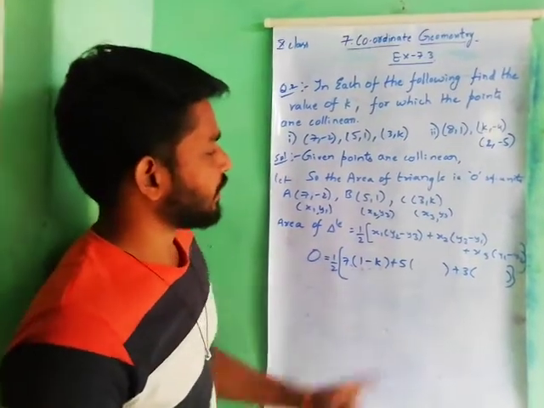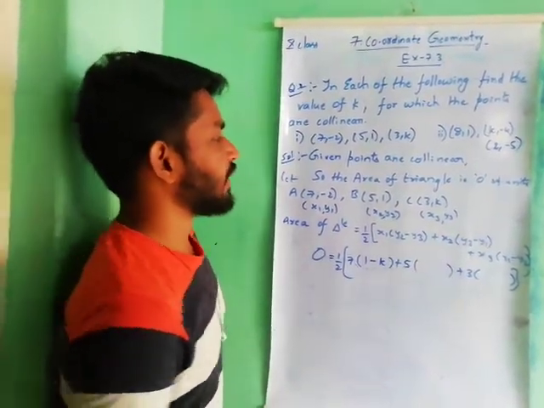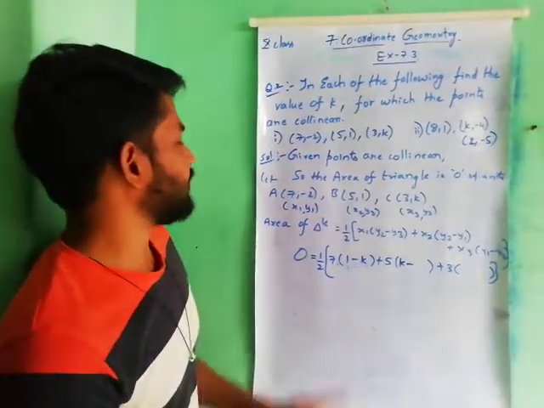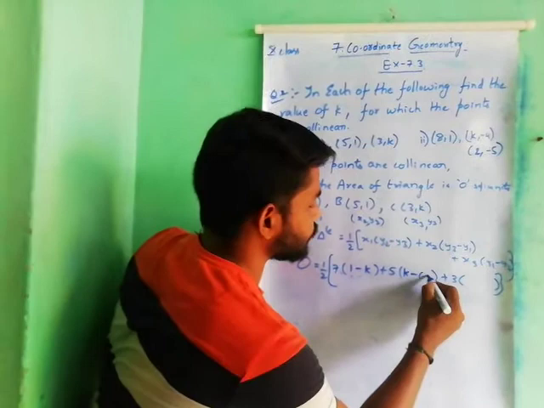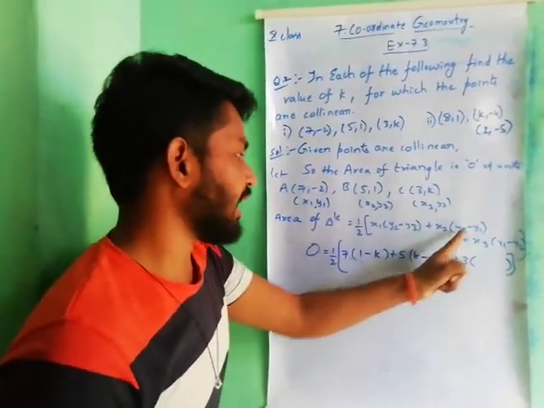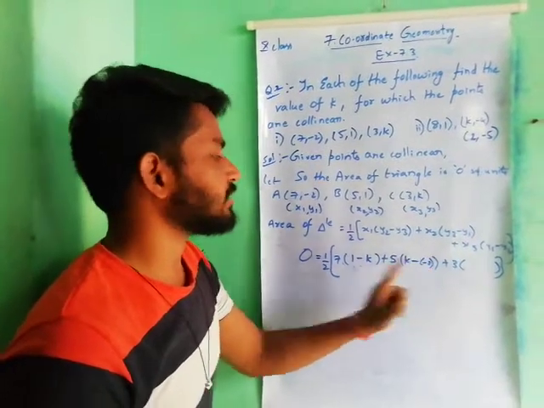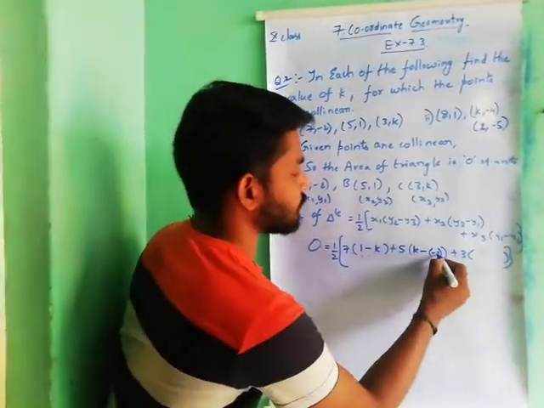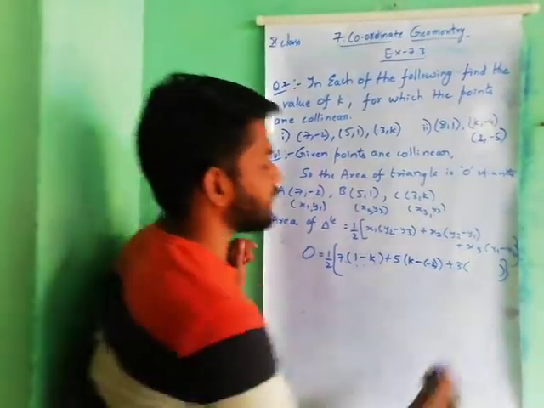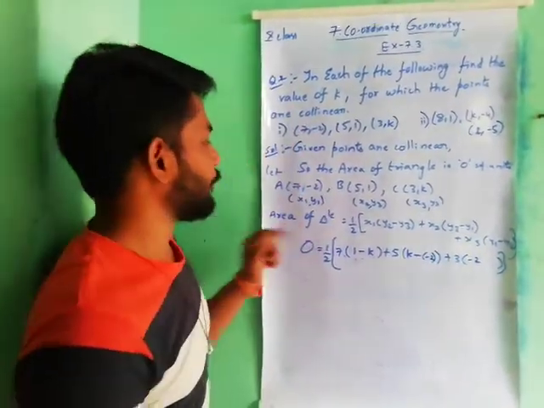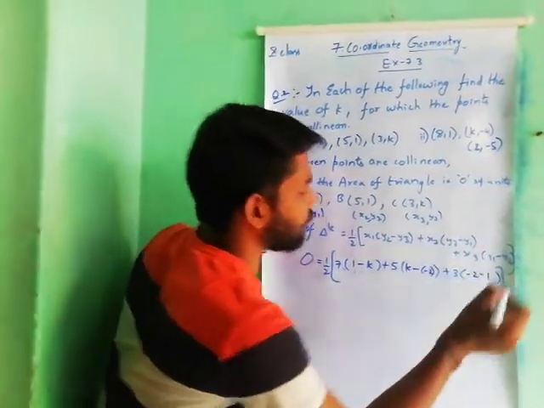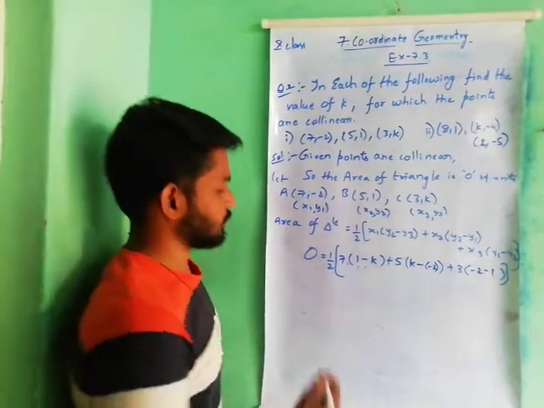And next y3 minus y1: y3 here is k, minus y1 which is minus 2. Then x3 into y1 minus y2: y1 here is minus 2, minus y2 value 1. Understand?